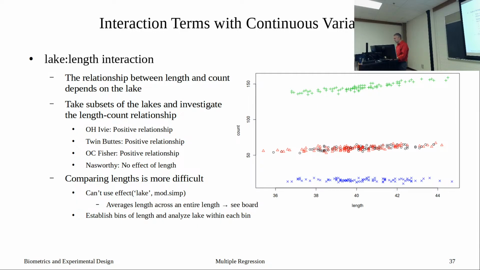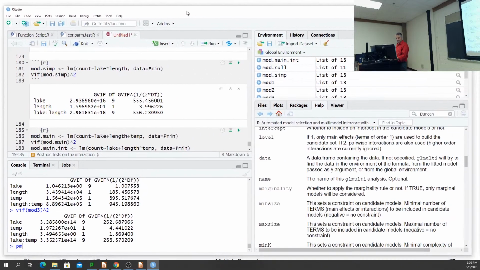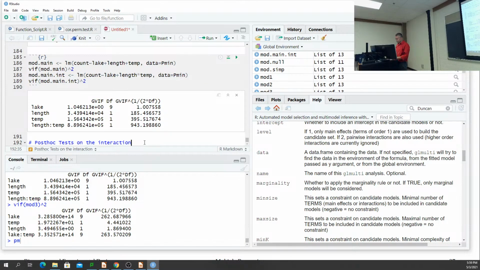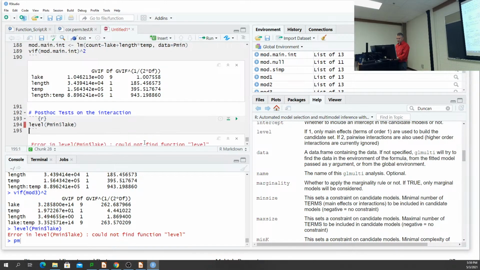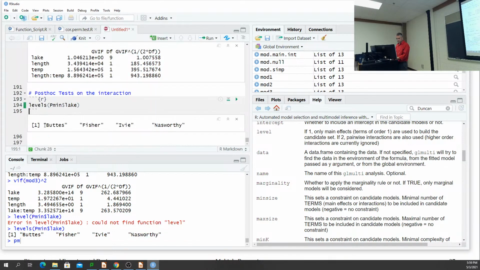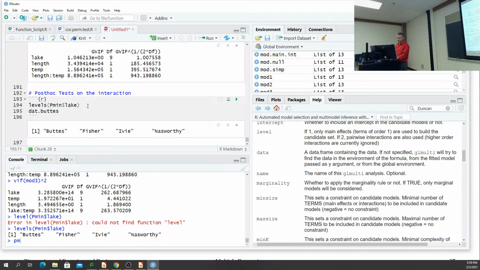All right, so I have mod.sim. I need to look at the levels. I'm going to make two subsets here.